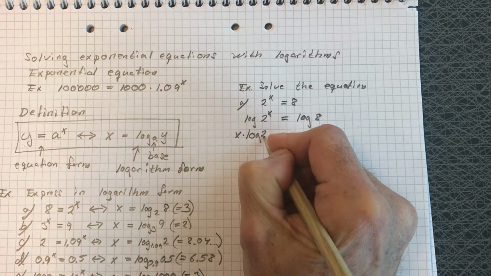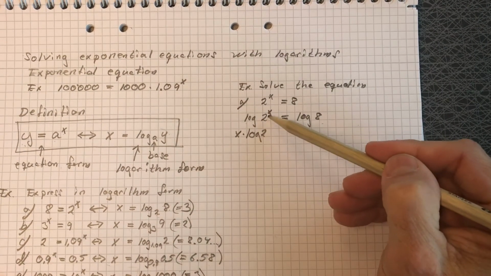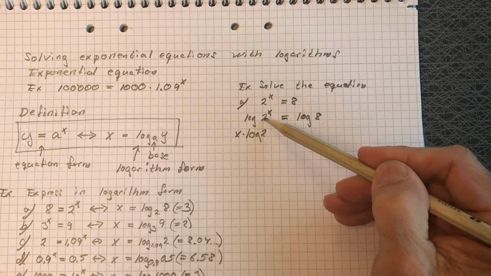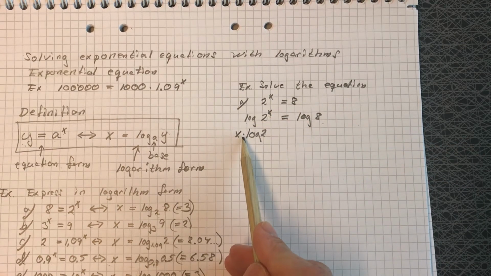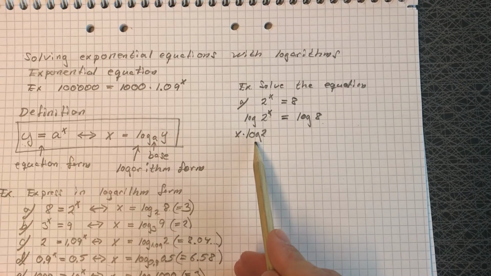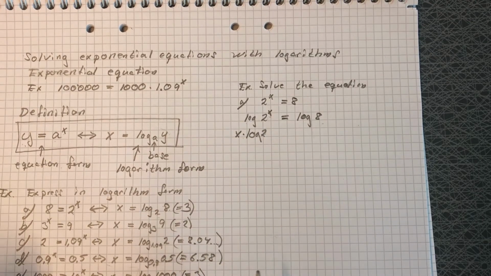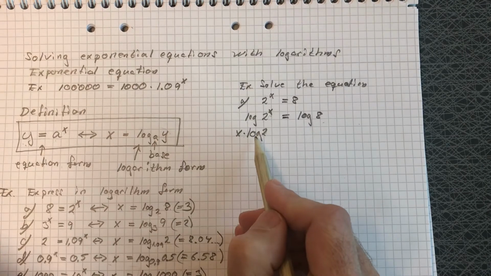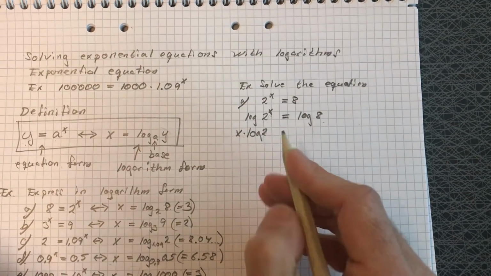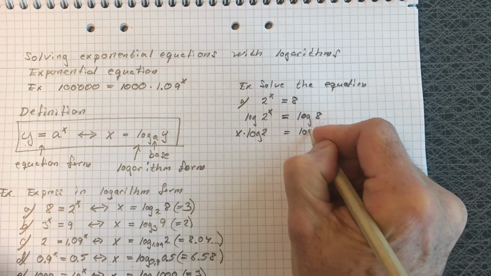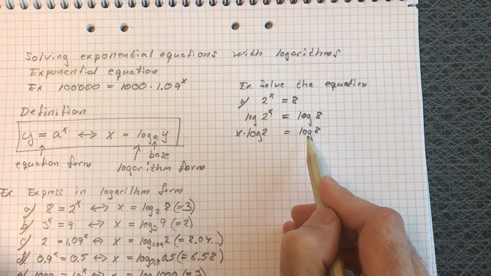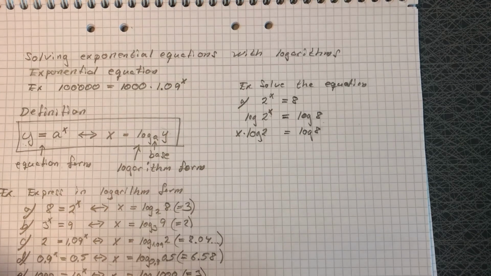So this is the same thing: log of 2 to the power of x is equal to x times log 2. You can prove it with the law, and it's called a logarithm law. I don't do it here. It's not necessary. On the right side, I didn't do anything, so it's still log 8.